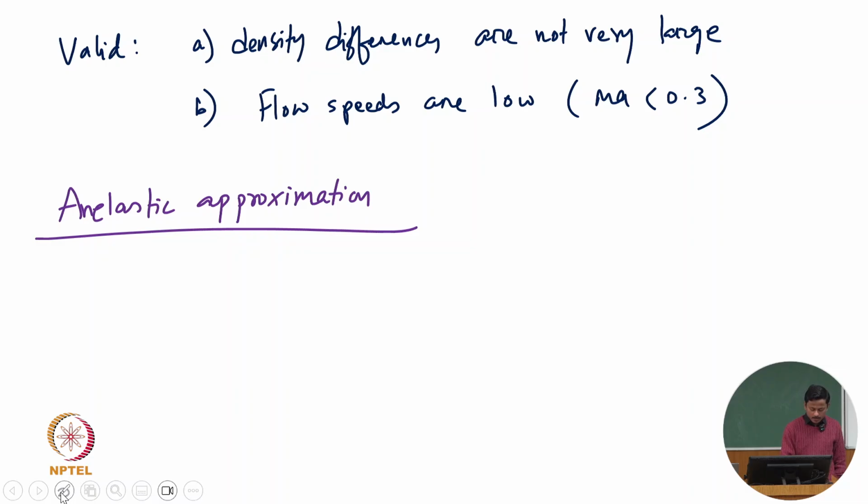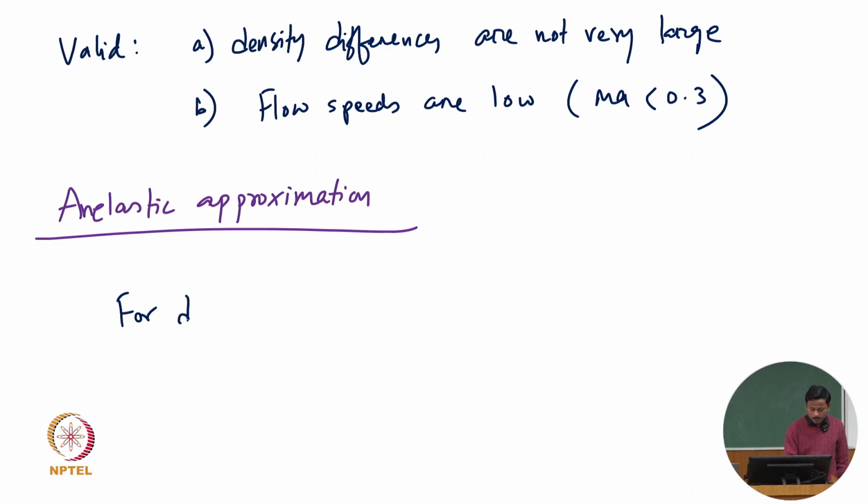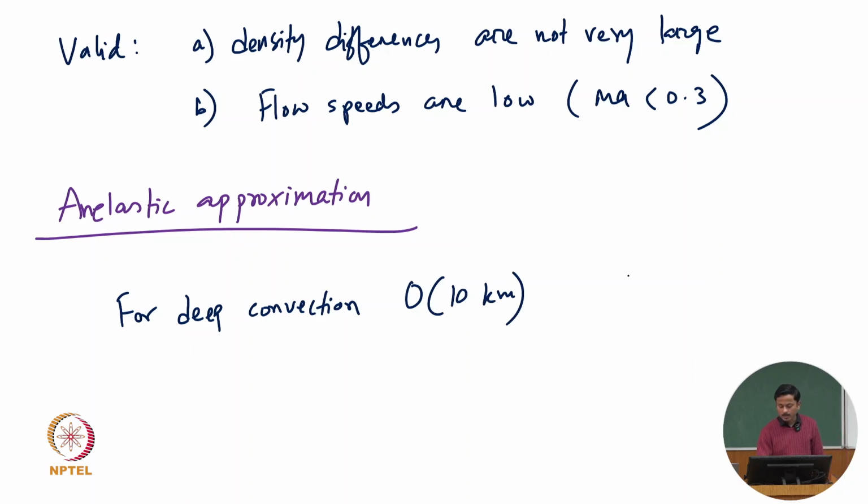So for large scale motions, for deep convection, of the order of 10 kilometers, the background density is a function of z.